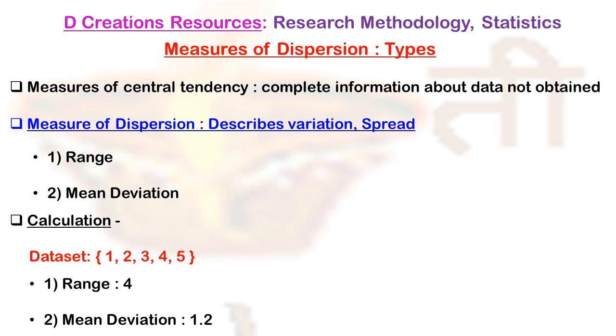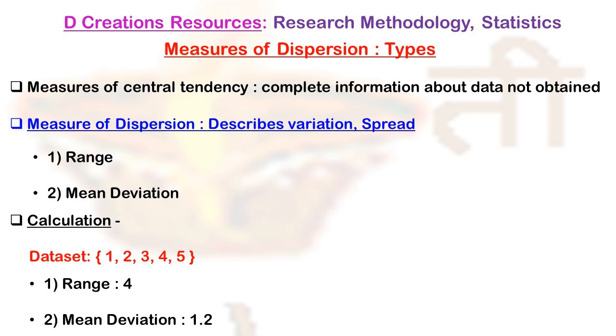If A is the fixed point from which mean deviation is measured, then we are looking at mod of xi minus A, where xi is one of the numbers in the set. If there are n values in the set, it will be the summation of i going from 1 to n of modulus of xi minus A. This entire summation, you are going to divide by the number of values.